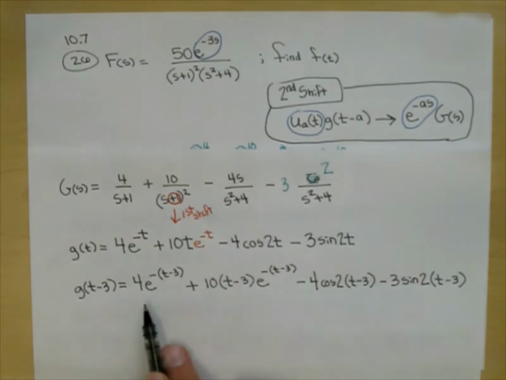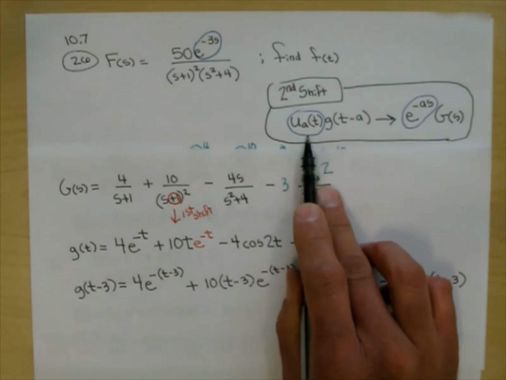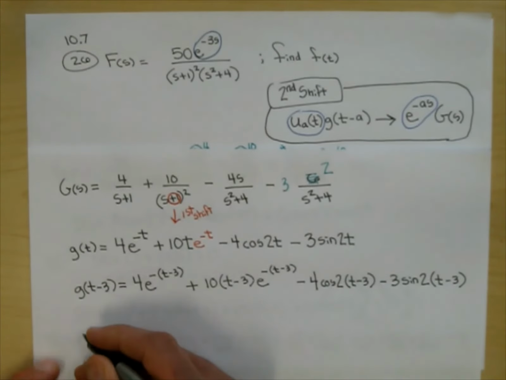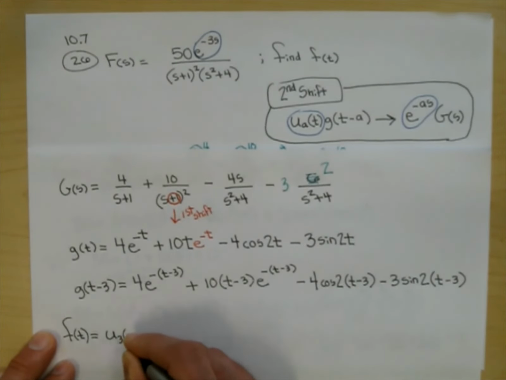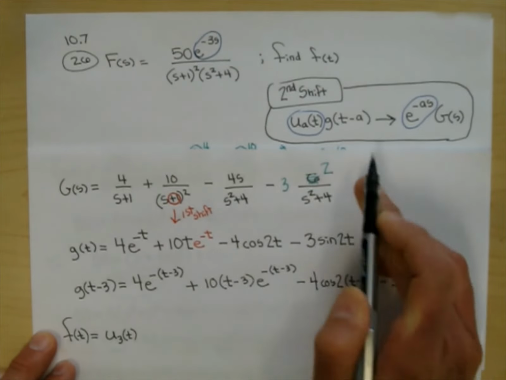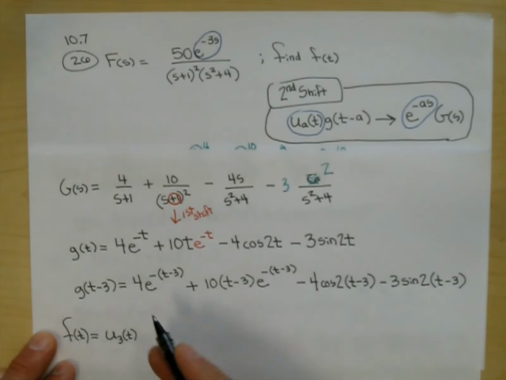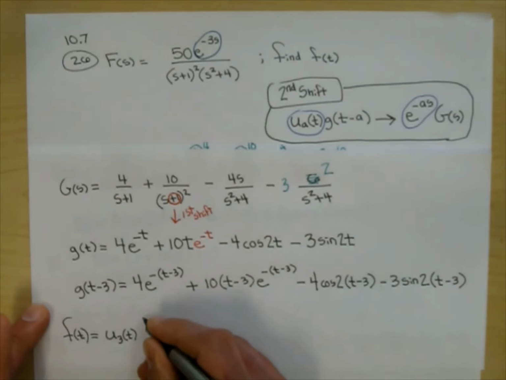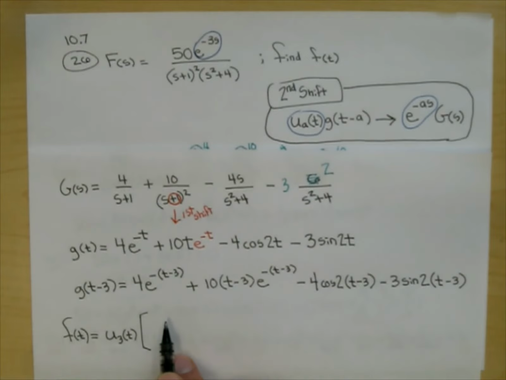I'm just going to multiply this whole thing by u sub a, and a in my example is 3. So f of t equals u sub 3 of t, times g of t minus 3, or t minus a. I'll put a bracket here, and wow, we have a lot of stuff here.